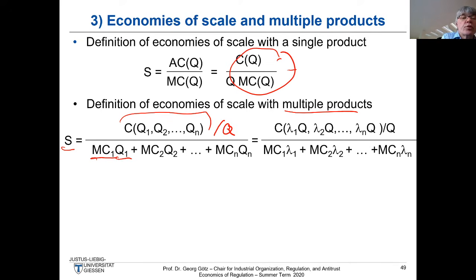Here I just divide both the numerator and the denominator by Q. Of course, this is just an expansion which is valid here, and what you get then is Q1 over Q here, and in the numerator you get the Q. And Q1 over Q, this expression down here, is nothing else than our lambda 1.